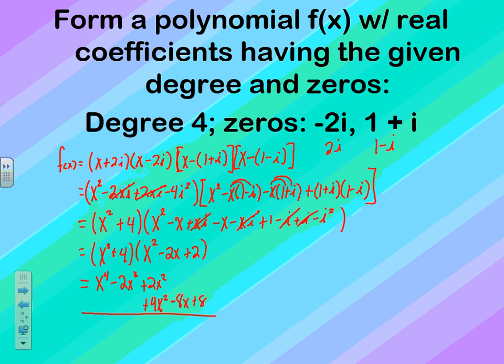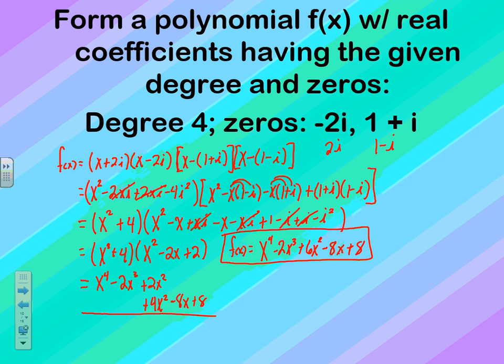Add those two together, I'm running out of room here, so we'll just say f of x is equal to x to the 4th minus 2x cubed plus 6x squared minus 8x plus 8. So that's the final result that we should get, and that's how we get it if we don't remember the shortcut.